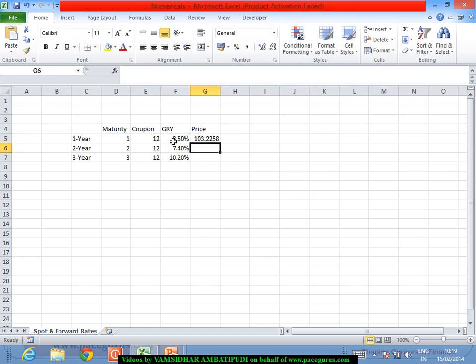So the price of this is 103.22. Because there are not multiple payments, when there is only one single cash flow happening at only one point in time, the spot rate as well as the gross redemption yield will be the same. That is one thing we have to remember.